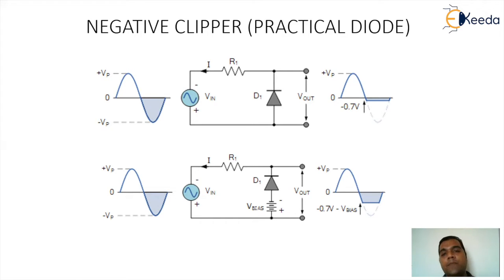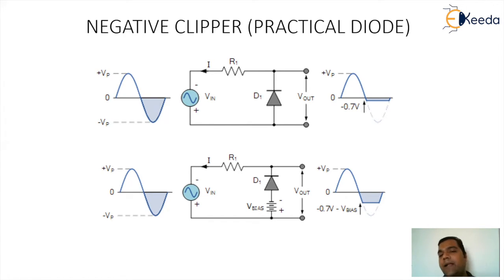But if you compare the previous circuitry, the second circuitry and the third circuitry, the first circuitry was having an ideal diode, the second circuitry is having a practical diode, and the third circuitry now is showing you the impact of a battery. So when you compare the previous circuitry and the coming circuitries here, they're actually the same. The only thing is the way of discussion. Here in the top section, the diagram is assuming that a diode is practical.